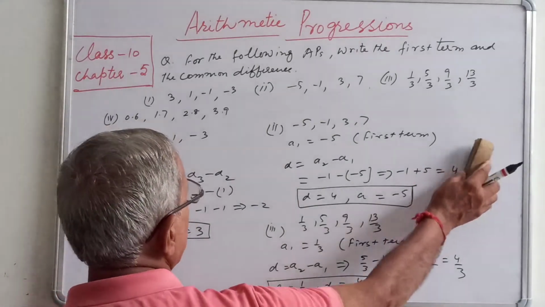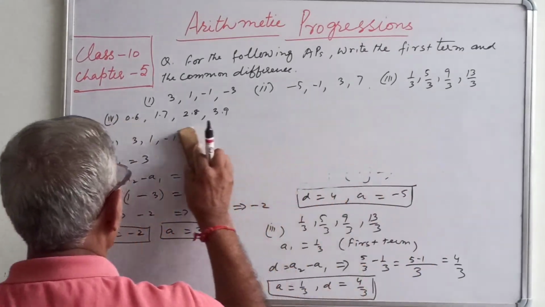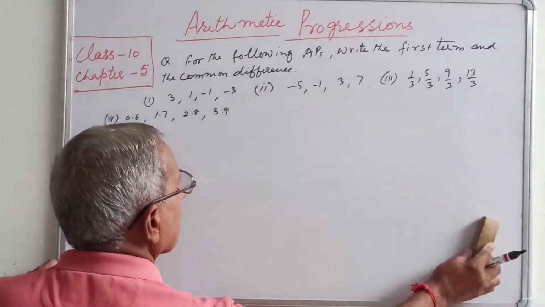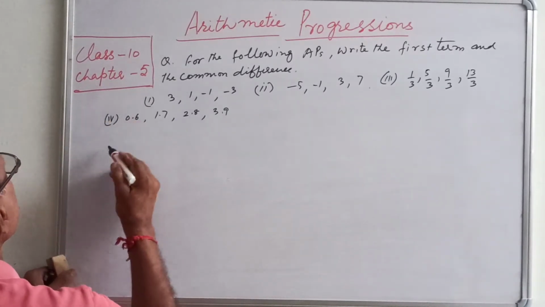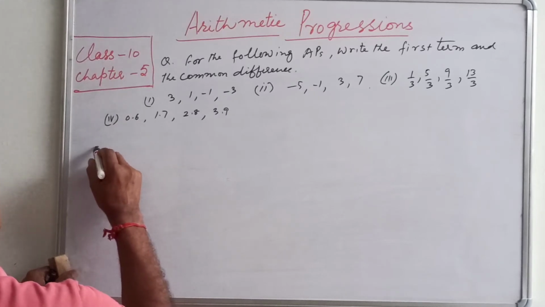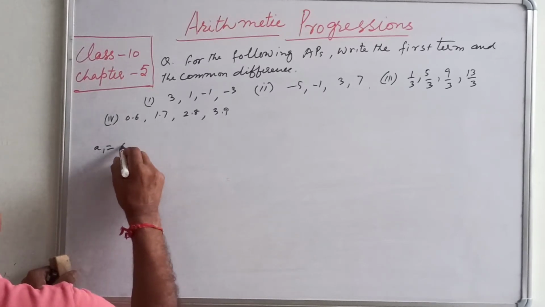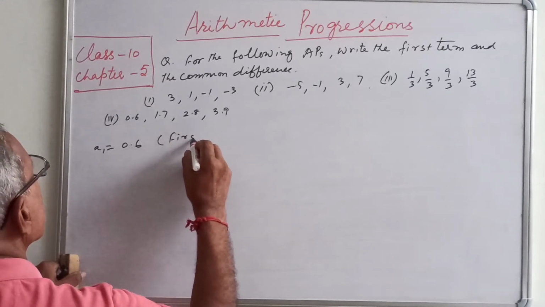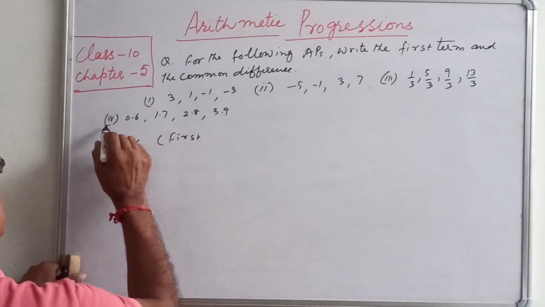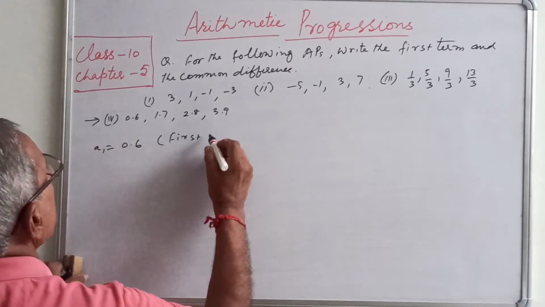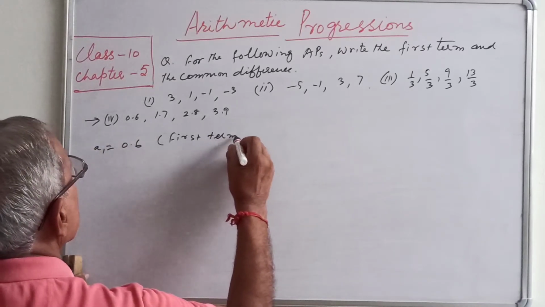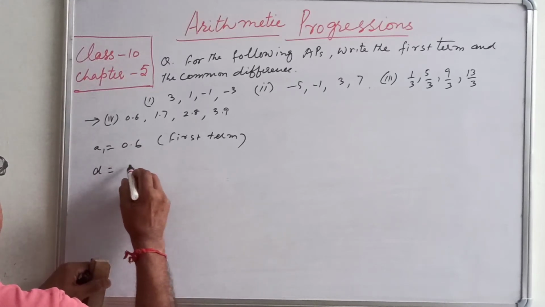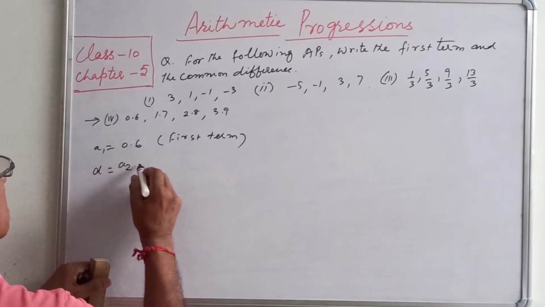The fourth part, so A1 is 0.6, that is the first term. So written in the fourth part, the first term is 0.6 and d will be A2 minus A1.